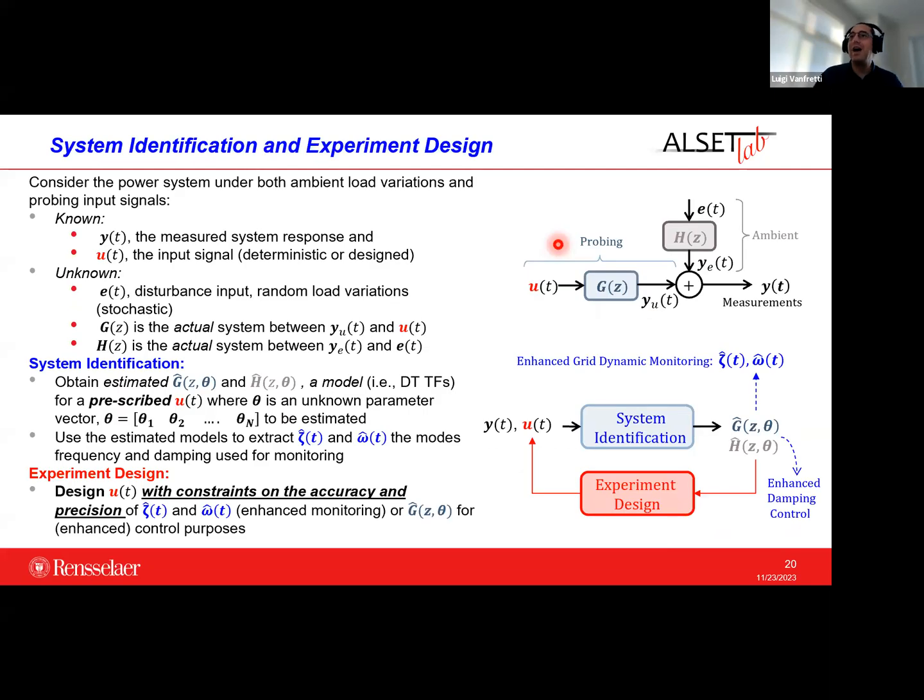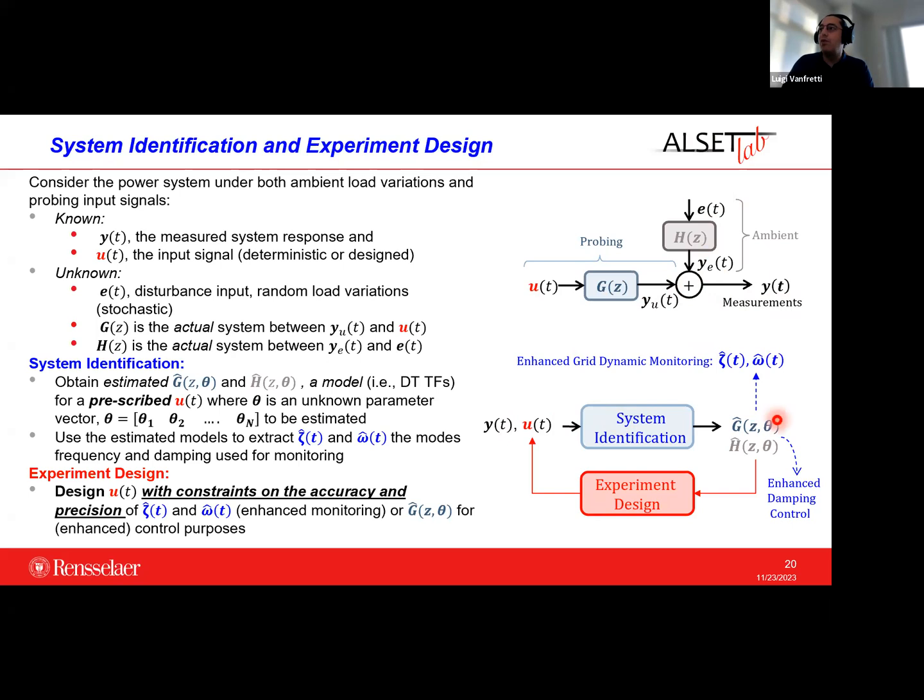So I'm not going to spend too much time on this because you guys are the experts, but basically what we're going to try to do is inject a probing signal, and in the simulation case, that is what we are going to show you. We also create random perturbations, so we can characterize G of Z and H of Z and obtain measurements.